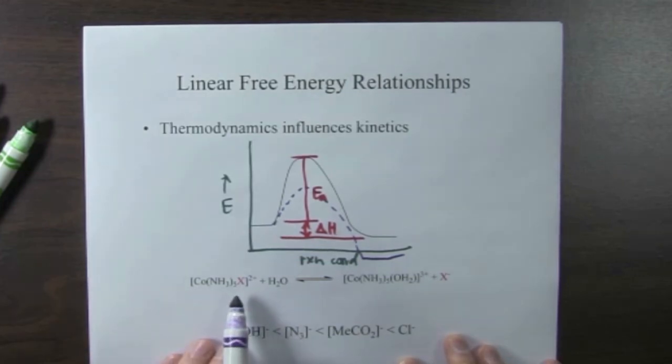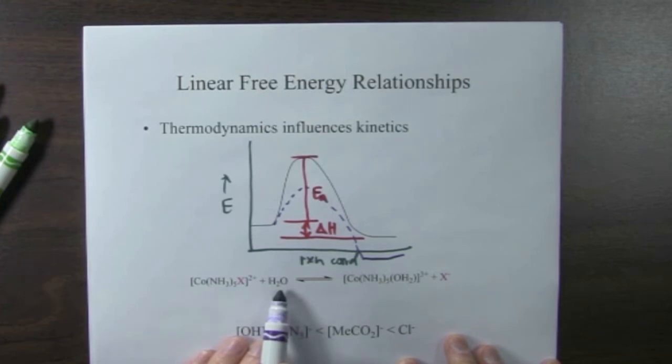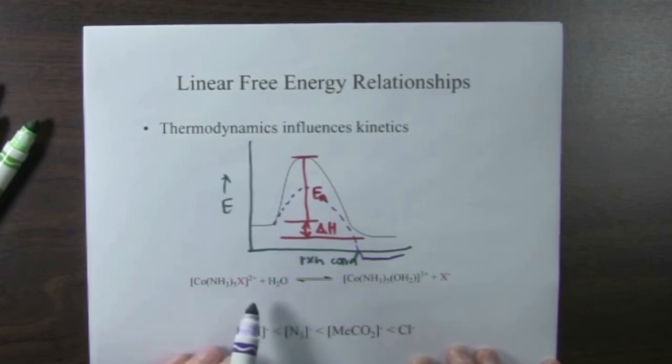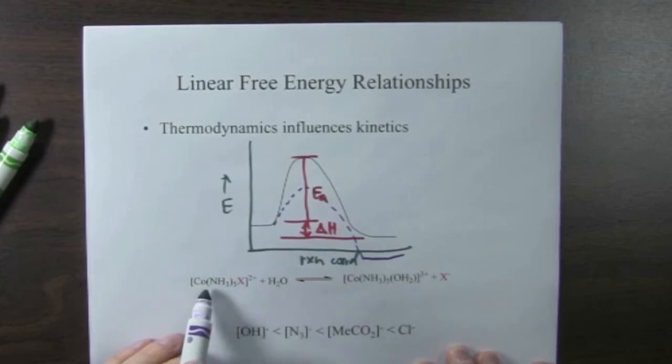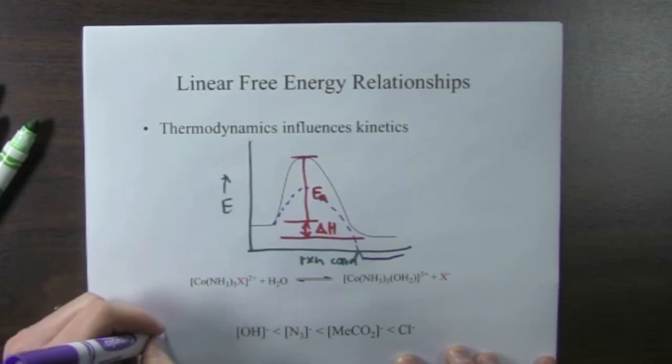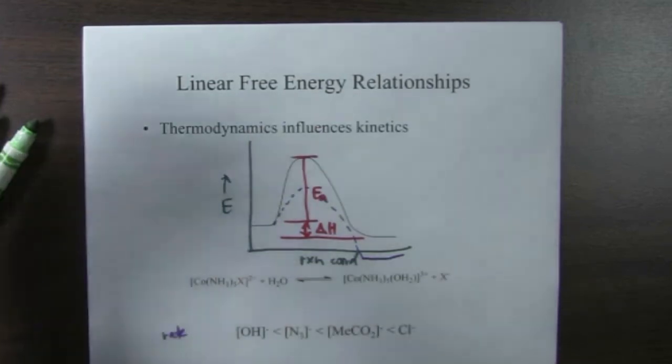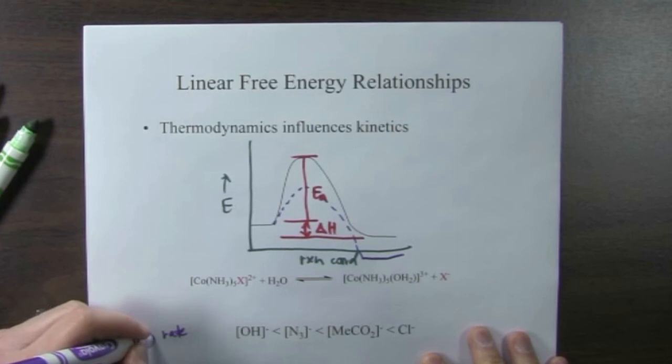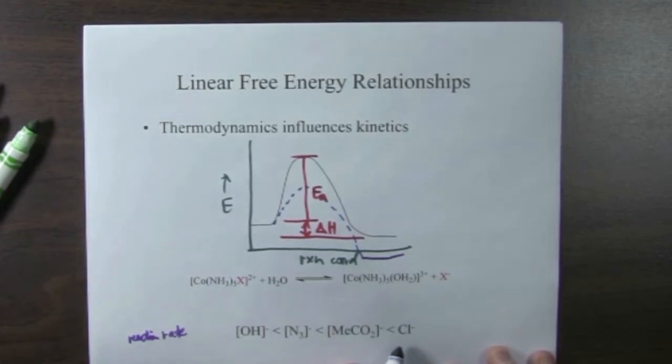So for example, we could do this substitution where water substitutes for this anion. So we could call this hydrolysis, the water's breaking up the complex, or aquation, because we're adding an aqua ligand. And for this particular cobalt-3 complex, the rate of the substitution, the reaction rate goes with this trend if we have these different anions here.